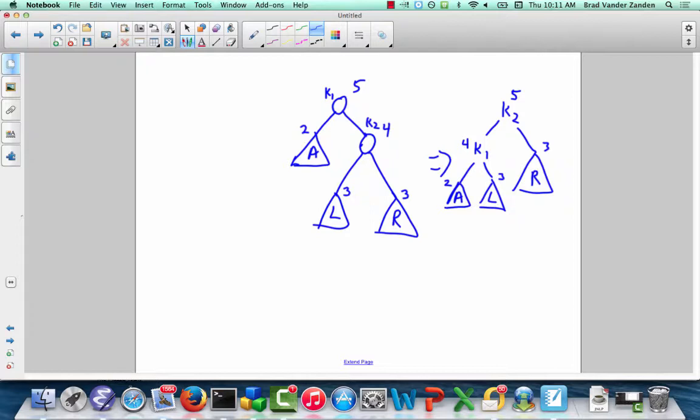I could have said, if this is H, this must be H plus 2, and this must be H plus 3, and you could easily work it through and see the same thing goes for any value of H. Okay, so that's my proof for the zig-zig case, and I'm not going to bother with the zigzag. It's the same thing. If you do the movements and you calculate the heights again, you'll find that it's an AVL tree. Okay, so questions about any of this?